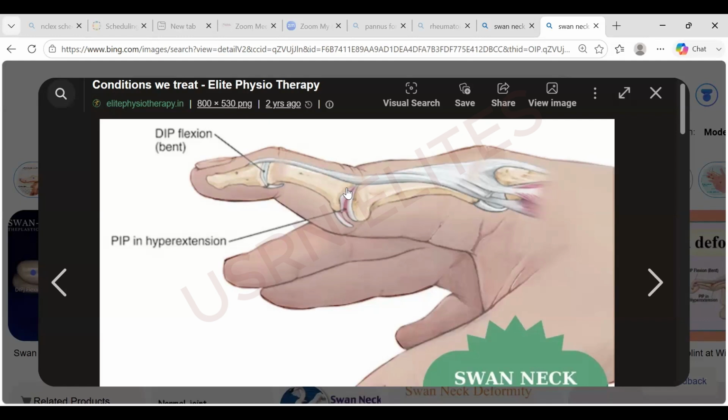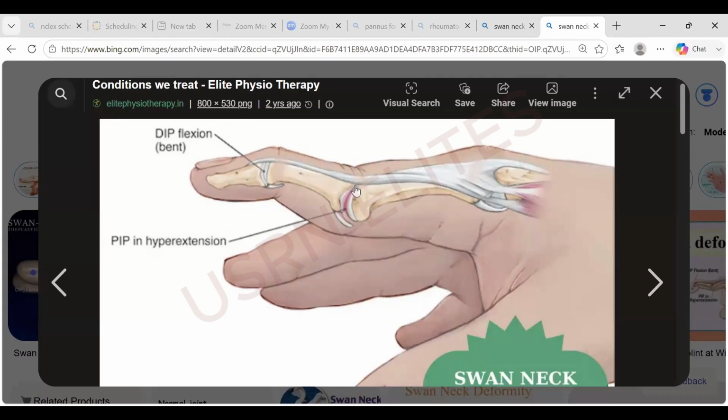In swan neck, know that we have the proximal and the distal joint. We are looking at the proximal and the distal joint of the hand. Know that the distal is the far away joint, distal, distance, and proximal means closer to the body. So distal is what? Flexed.